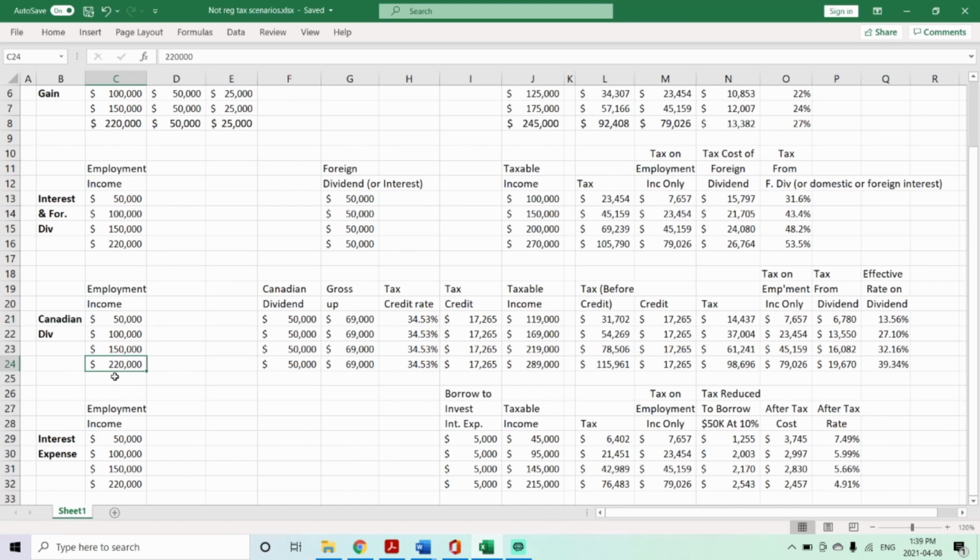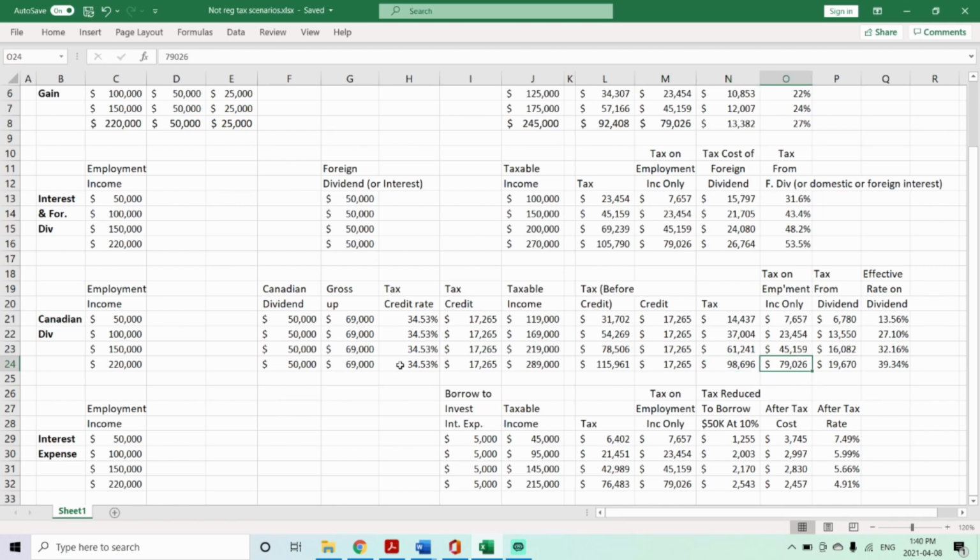So let's get to the top marginal tax bracket. $220,000, I receive $50,000 of Canadian dividends. I gross it up to $69,000. My taxable income is $289,000. Tax on $289,000 is $115,961. I apply the credit, and that lowers my tax bill to $98,696.